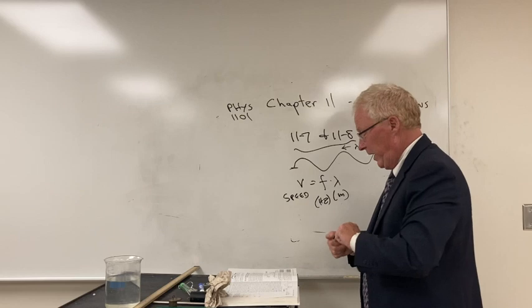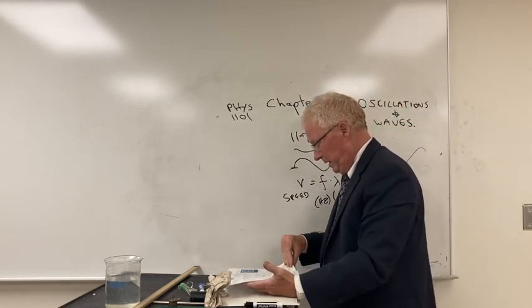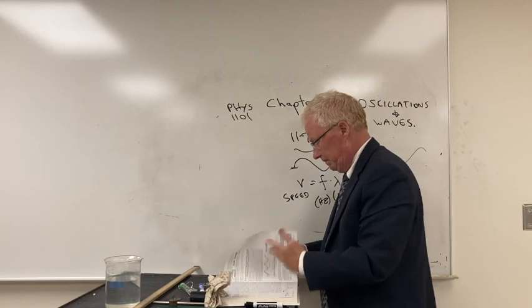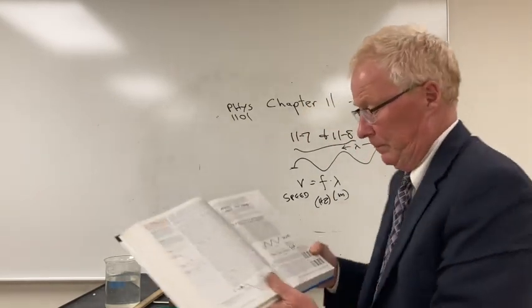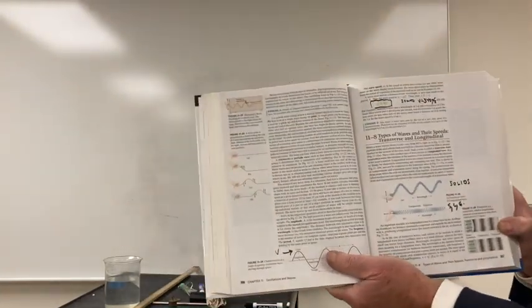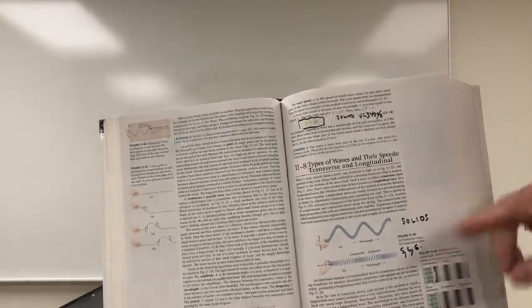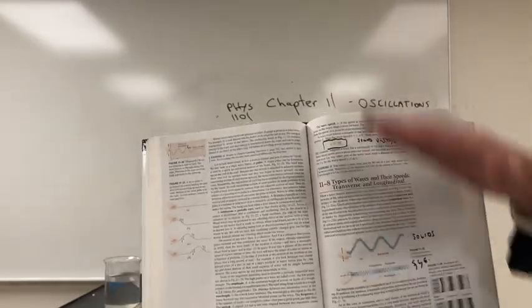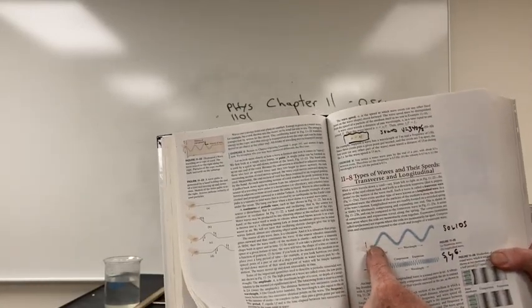But when we have waves, we have two types of waves, and the best way to do this is just take the book and show it to you. If I take a spring and oscillate it up and down, like swing it up and down, you get a transverse wave.